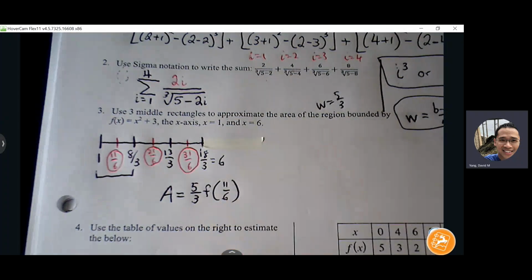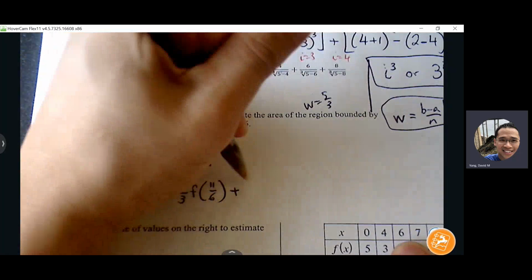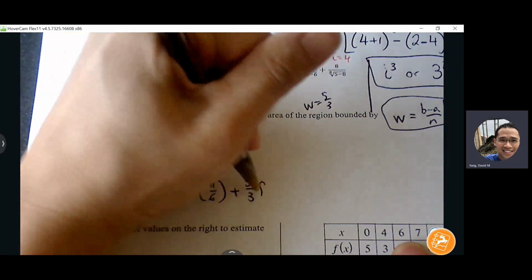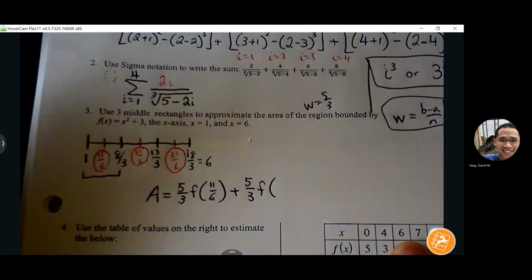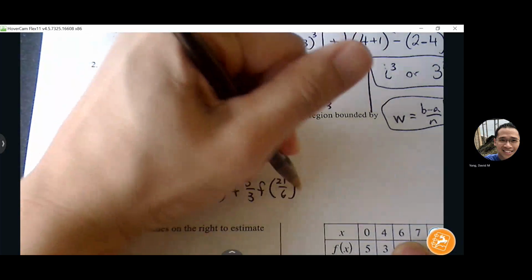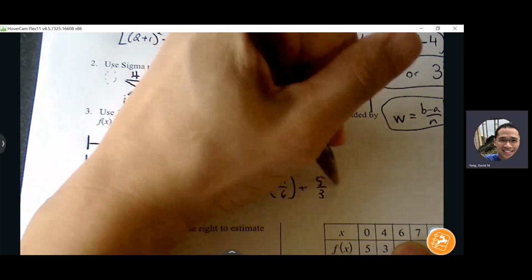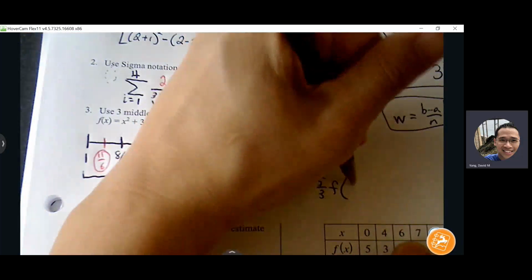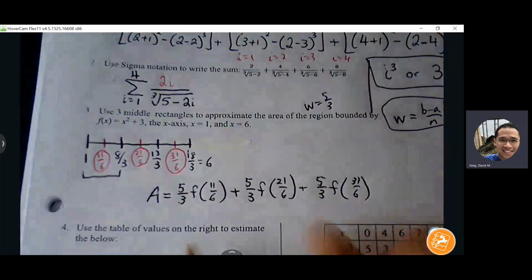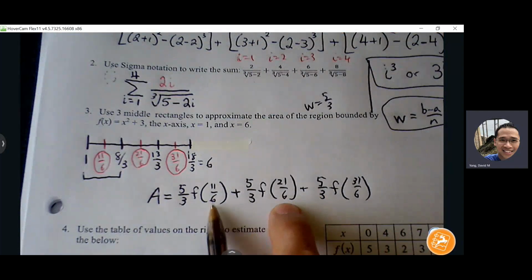This is the midpoint that I'm going to extend to the graph to let that represent the height of my first rectangle. Second rectangle, 5/3 f of what? Yeah, 21/6. And then 5/3 f of 31/6. Okay, so how can I find the specific y values at this point?